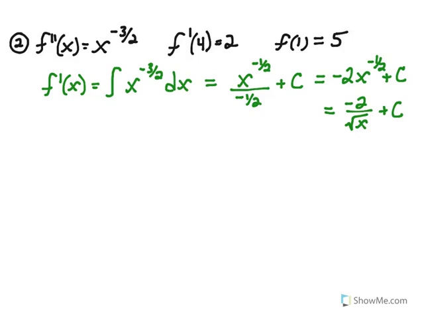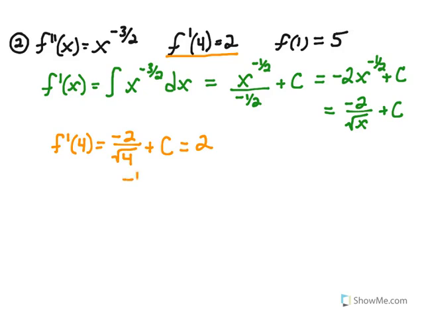Now I want to use my initial condition. So here we go. f prime of 4 would be equal to negative 2 over the square root of 4 plus c. And that is going to be equal to 2. And again, this is coming from this initial condition up here. So if I do negative 2 divided by the square root of 4, negative 2 divided by 2 would be negative 1.